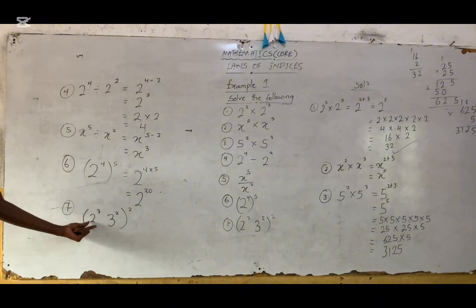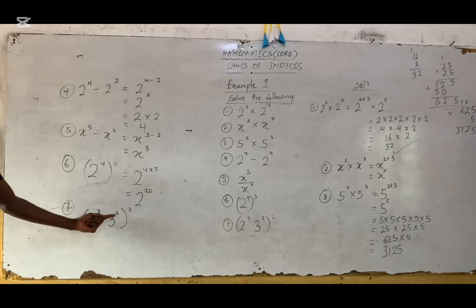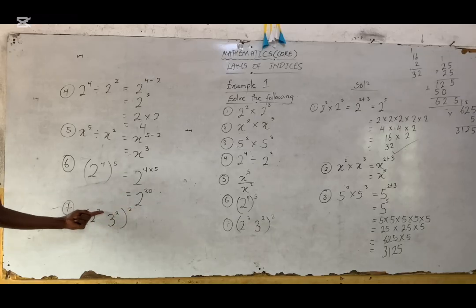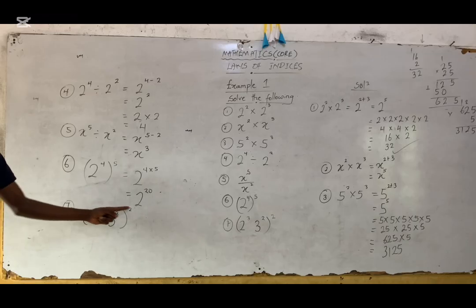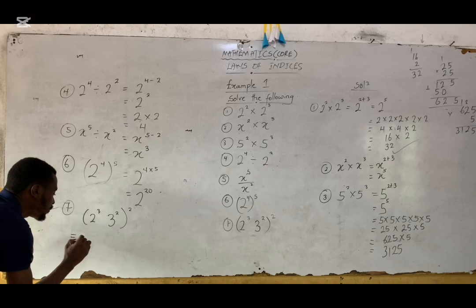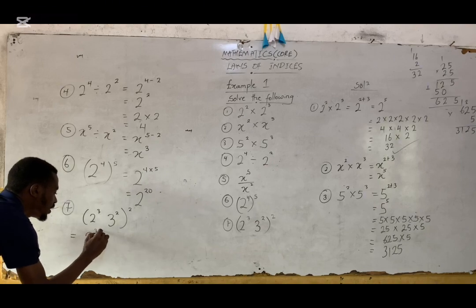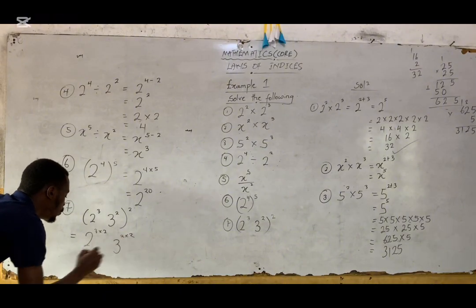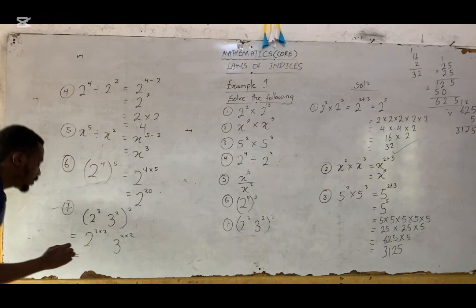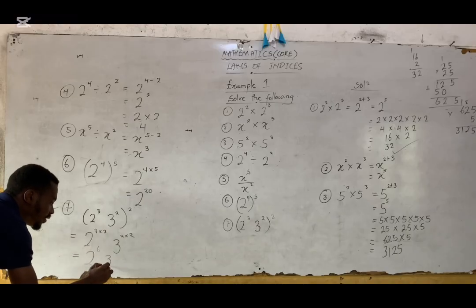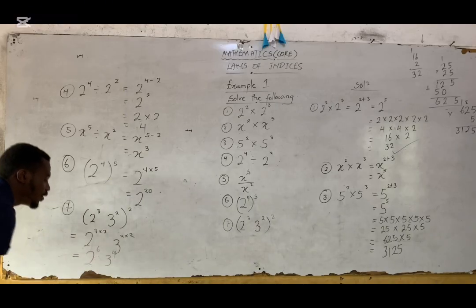So whenever you have a number exponent 3, another number to an exponent, all raised to another exponent, the exponent multiplies the exponent inside the bracket, right? So we have 2 exponent 3 times 2, and then 3 exponent 2 times 2. We are going to get 2 exponent 6, and 3 exponent 4.